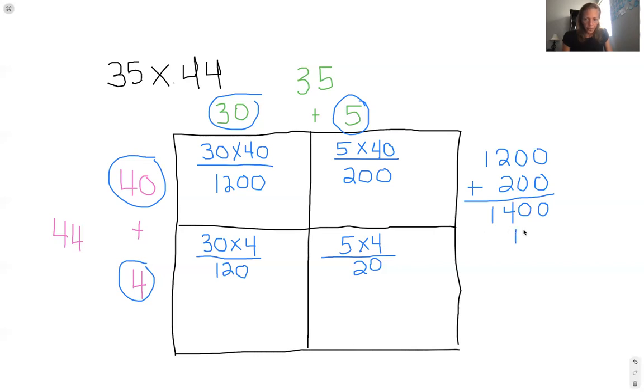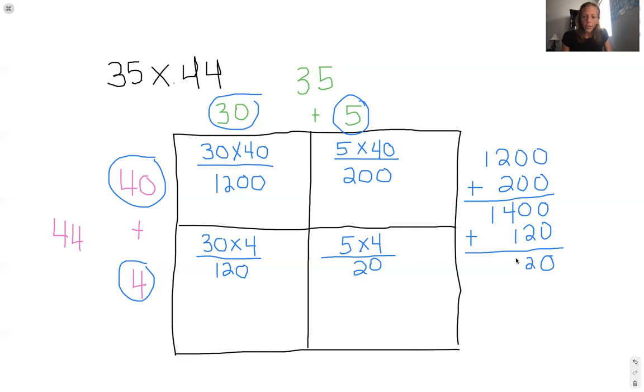Then plus 120. I like adding just 2 at a time because it makes it less confusing for me. And I like to start by adding my biggest numbers first. That's why I chose 1,200 and 200. So here, 0, 1 still, 20, but no 10s at the top. So we just carry down the 20.